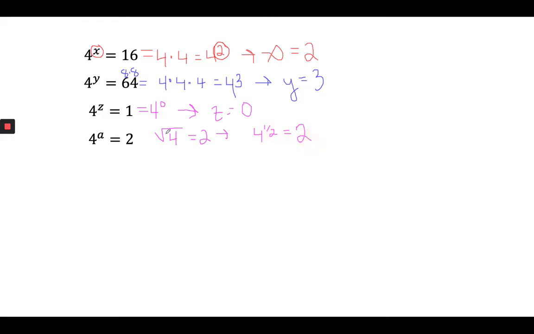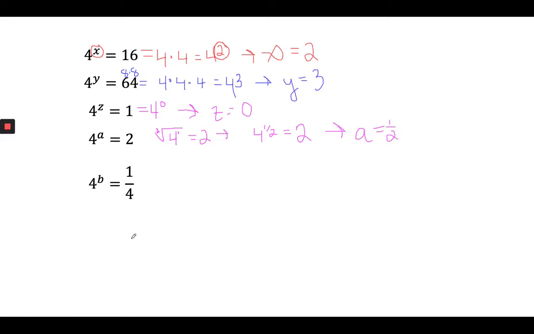All right, remember that this is 4 to the first, and there's that index of the radical that we could squeeze in there, and if it's not there, it's a 2. So that means for this particular problem that a is equal to 1/2.